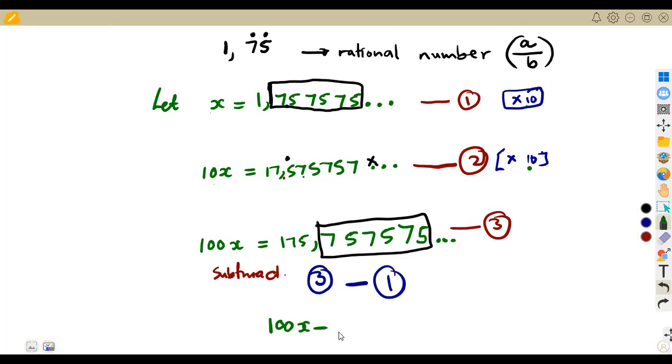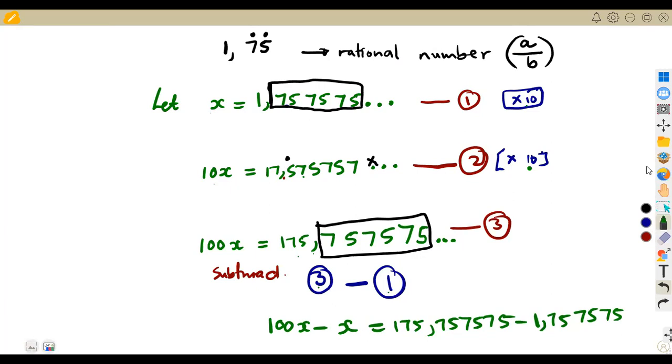So it's going to be 100x minus x is equal to, we subtract on this side again, equation 3 minus equation 1 on the numbers. So equation 3 is 175.75757575 minus, you subtract equation 1, that's 1.75757575.